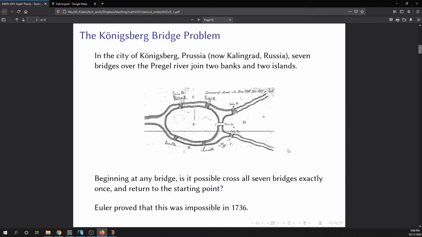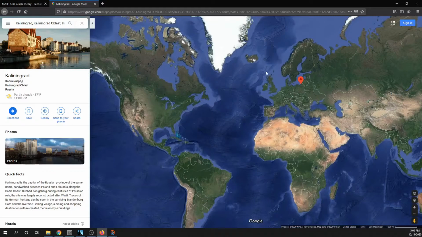All right, so this topic that we're studying here basically goes all the way back to the very beginnings of graph theory. And that is the Königsberg bridge problem. So in the city of Königsberg, Prussia, and now that's in Kaliningrad, Russia, you can see here is where it's located.